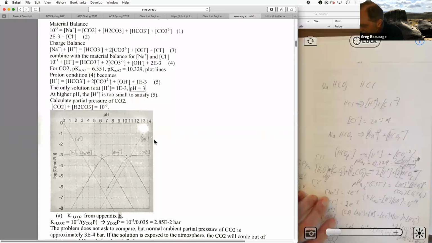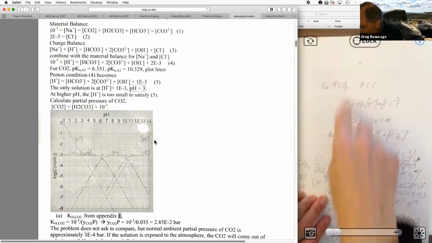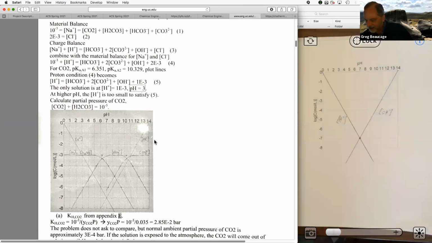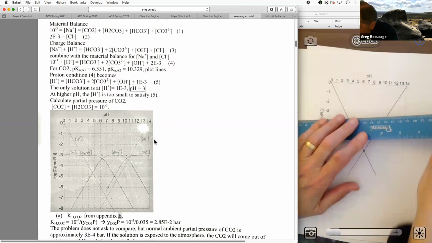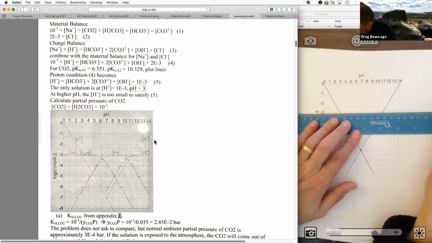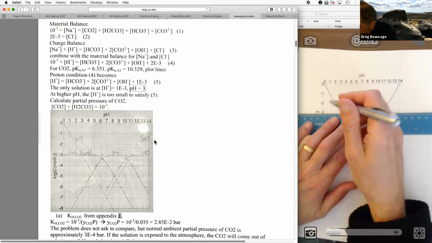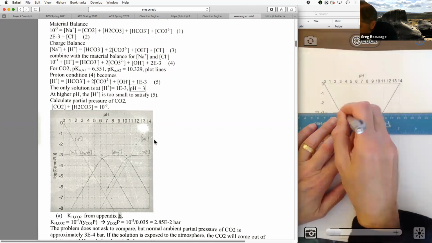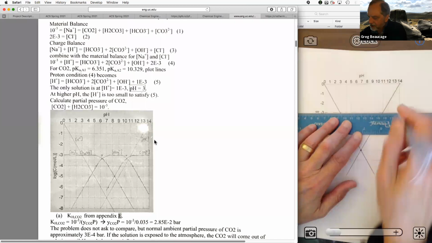So that concentration is 1 e to the minus 3. Anyway, the Cl is 2 e to the minus 3, so they're close to each other. But our baseline here is going to be 1 e to the minus 3, so basically just along this line. So that's kind of our operation zone, the concentration that we put in. I'm just going to darken that one, so you know what we're working with.